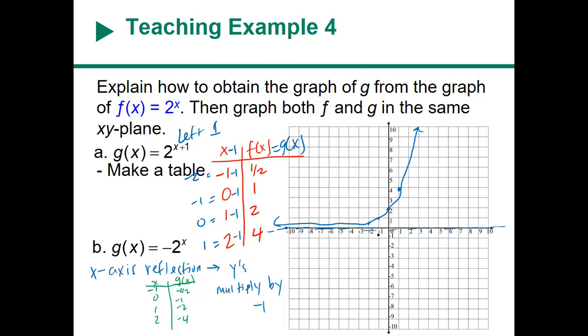No? Okay, cool. So I'm going to graph here at -1/2, -1, -2, -4. And that would be my other g of x.